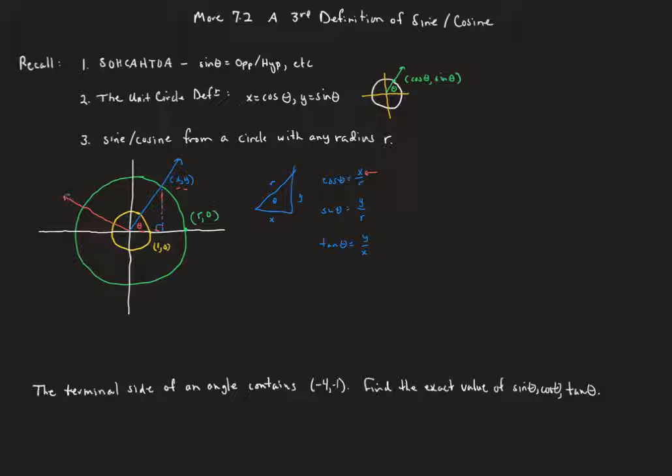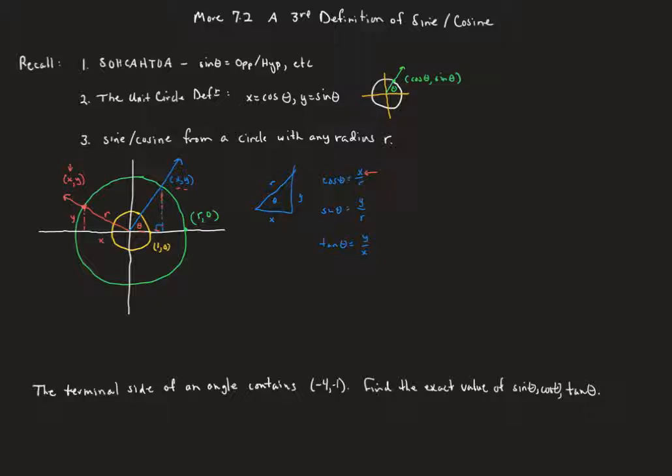If we took our angle over here and used the x and y coordinates of that point on the circle, notice that because we're in quadrant 2, that x value is going to be negative. So as we draw our triangle, this x is negative, this is a y, and our hypotenuse is always going to be positive.